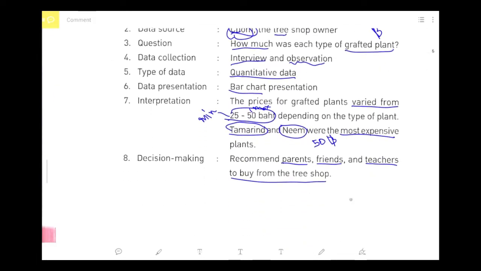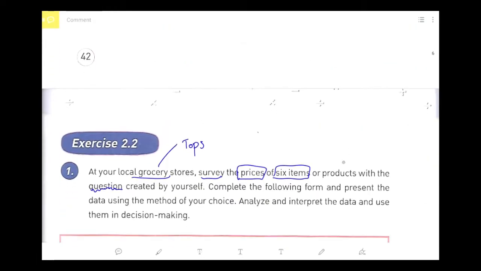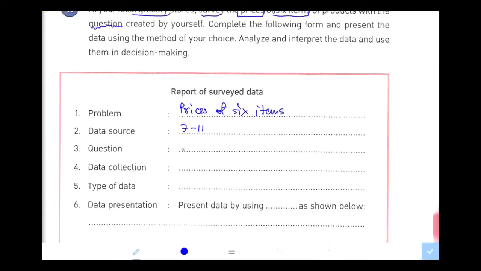So for you, maybe very similar: how much does each item at 7-Eleven cost?